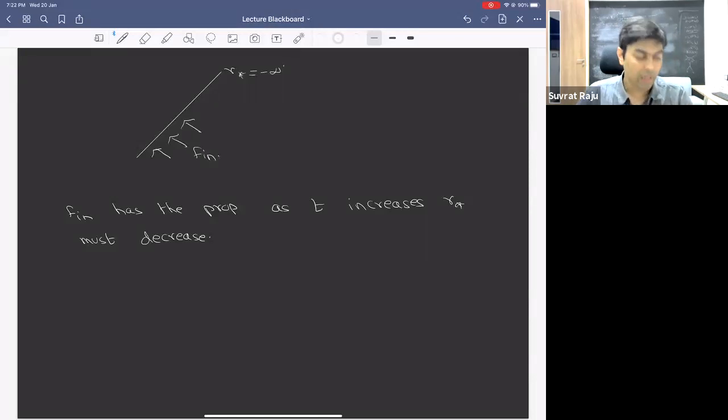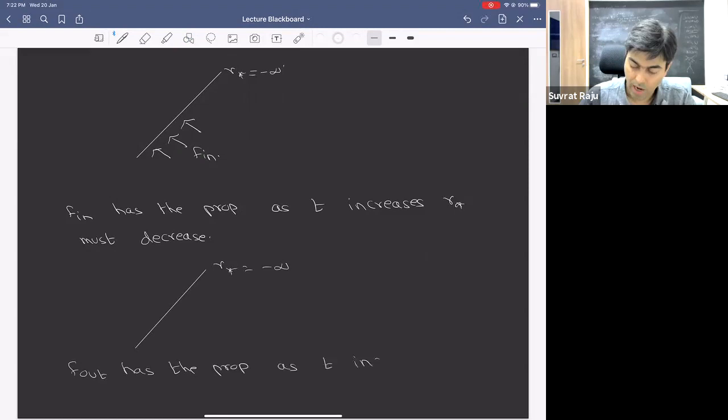Okay. On the other hand, these solutions which are f out are doing something else. The solutions which are f out have the property that as t increases, r star also increases. Always, when I say must decrease, I mean to maintain the phase constant.